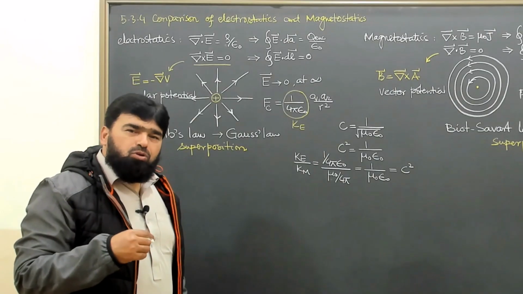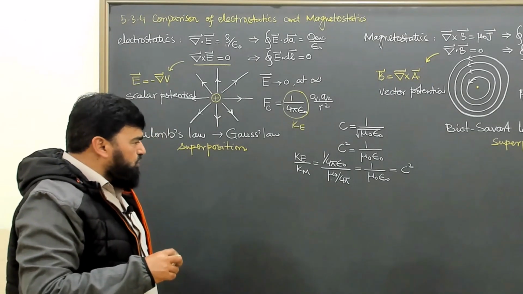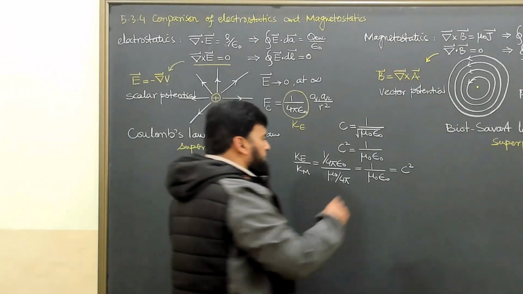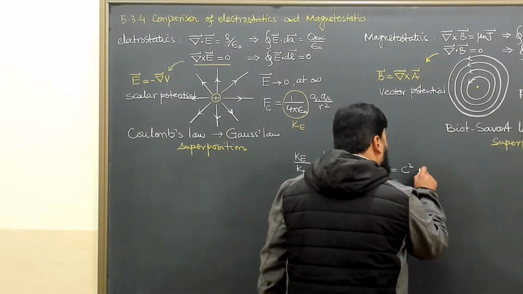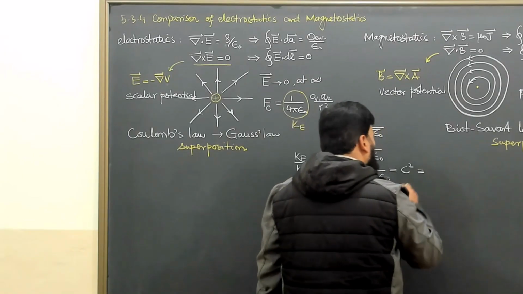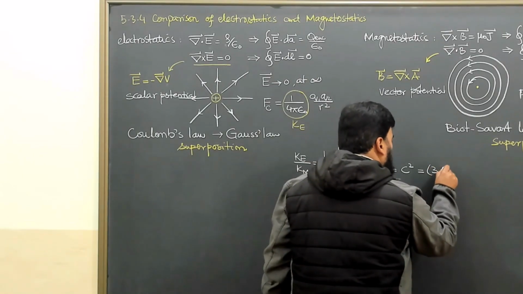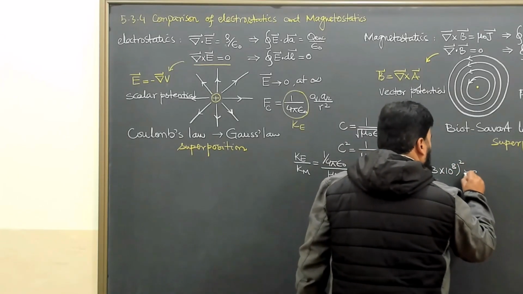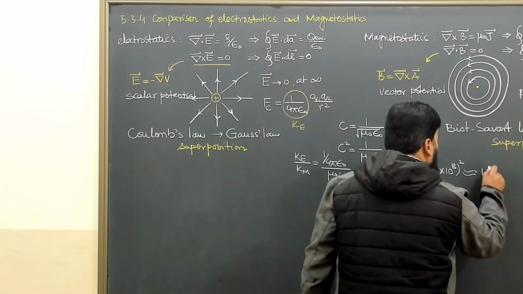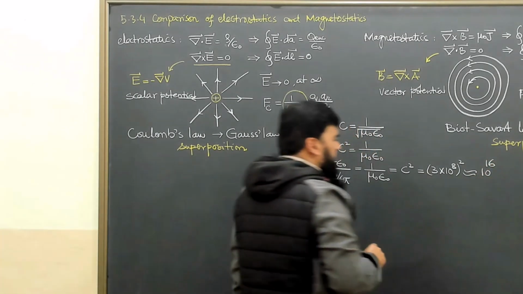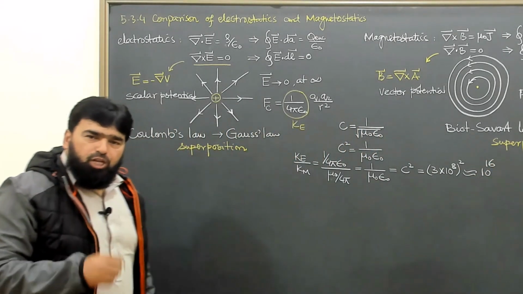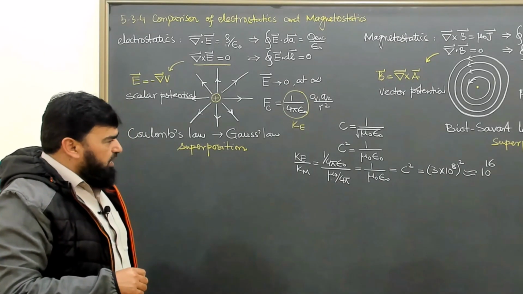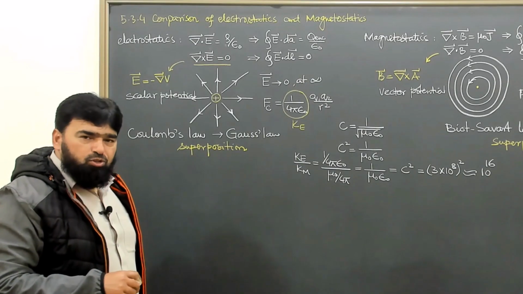It means the ratio of the constants of the two forces is C squared, and we know C is 3 times 10 to the power 8, and squared, so approximately this is 10 to the power 16. So the ratio of the two forces here is 10 to the power 16.